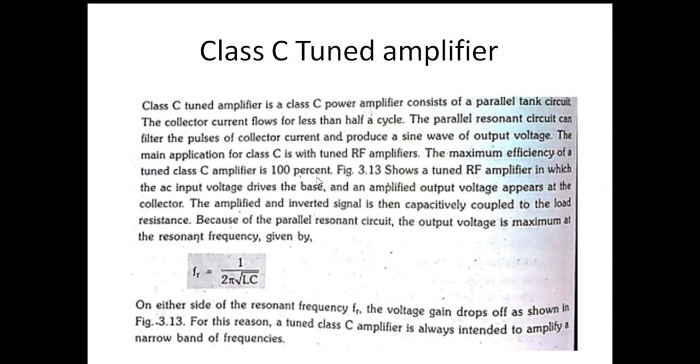Okay. So, what is the application of the class C tuned amplifier? It is used in tuned RF amplifier circuits. RF is radio frequency amplifiers.